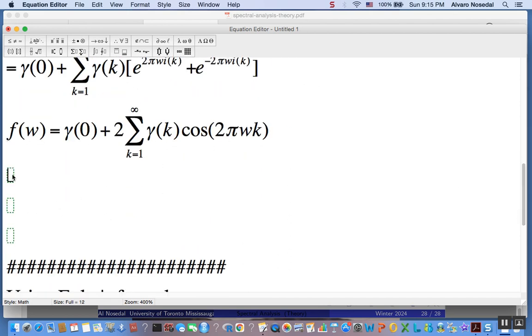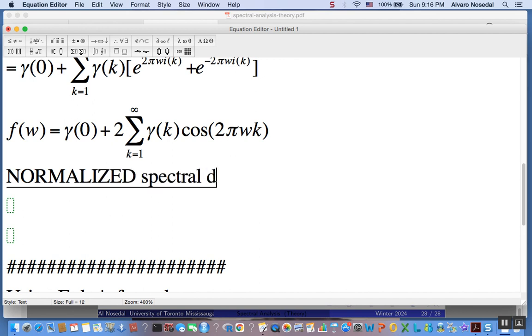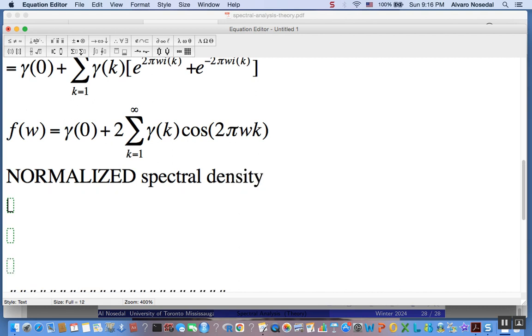Okay, so now let's talk about the normalized spectral density. So there's a relationship between these two. The notation that we use to make a distinction between the normalized spectral density and the regular spectral density is this.